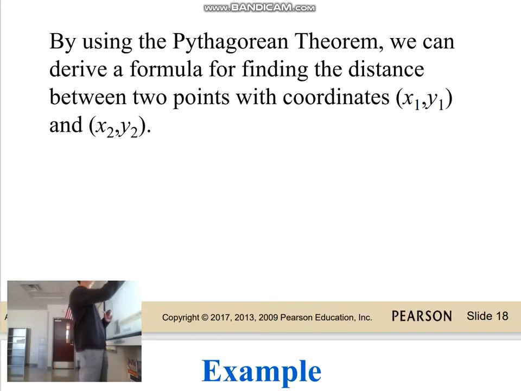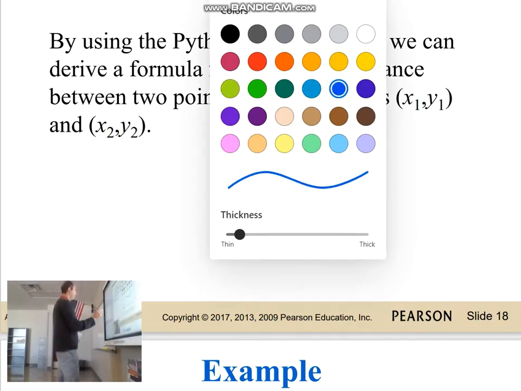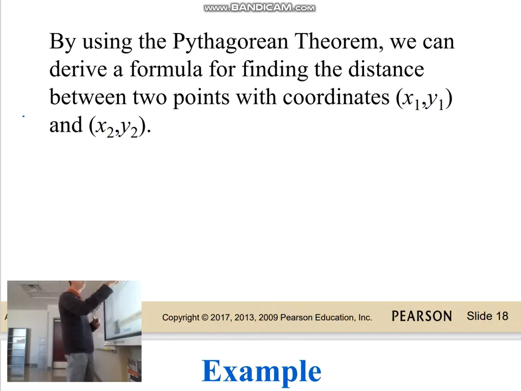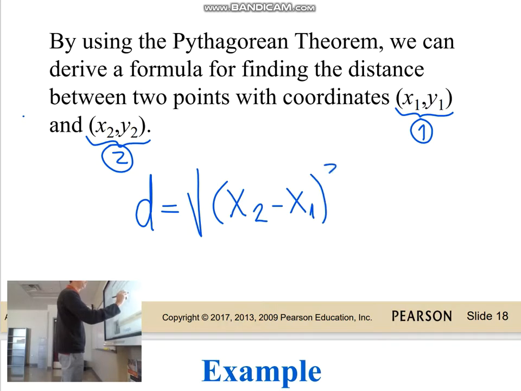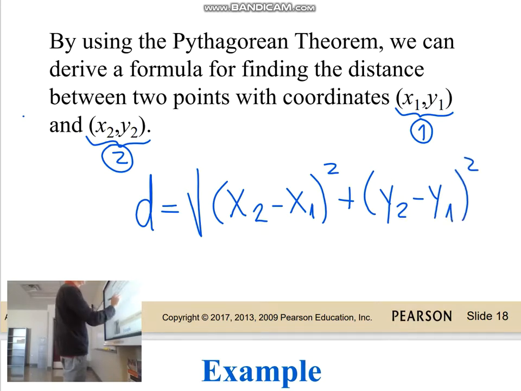And the formula is going to be, we will use the coordinates of point 1, x1 and y1, and the coordinates of point 2, x2 and y2. We can say that the distance is going to be equal to the square root of (x2 minus x1) squared plus (y2 minus y1) squared.